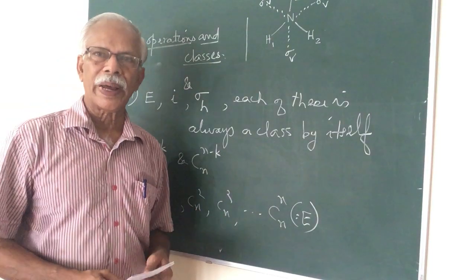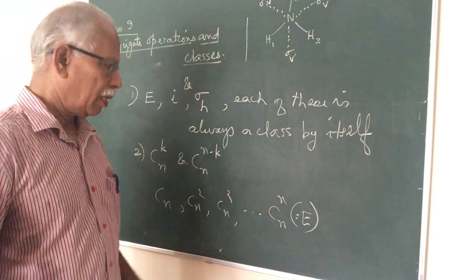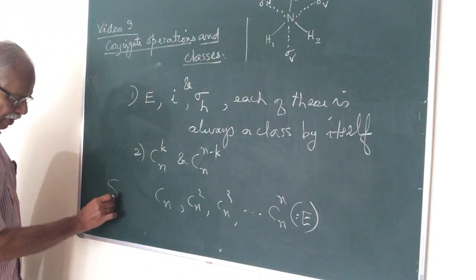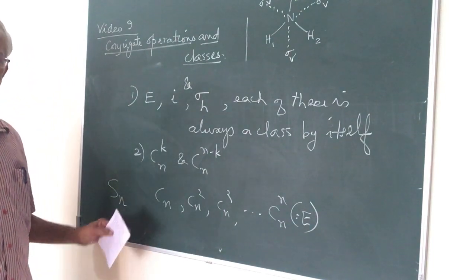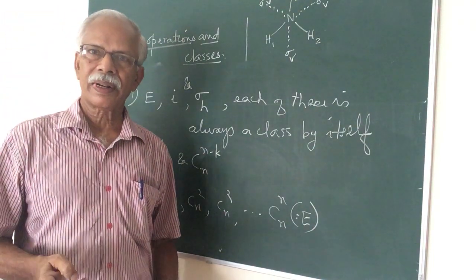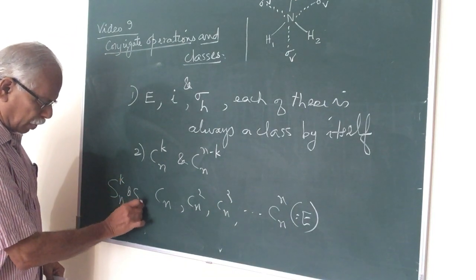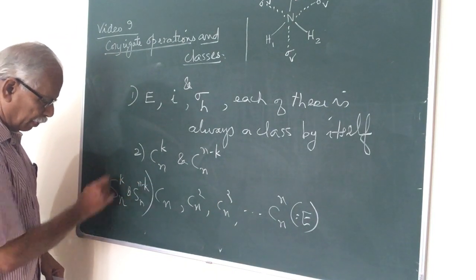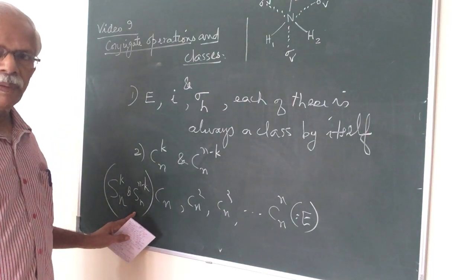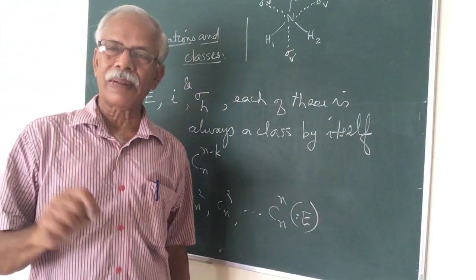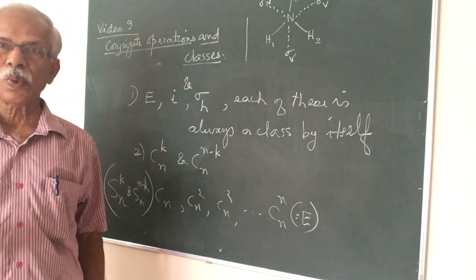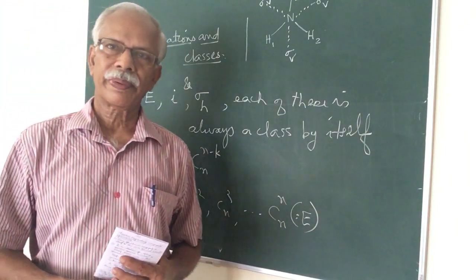This particular rule applies to a molecule having an Sn axis, that is, Sn raised to k and Sn raised to n minus k will belong to the same class, provided there are n sigma v's or n C2's perpendicular to Cn.